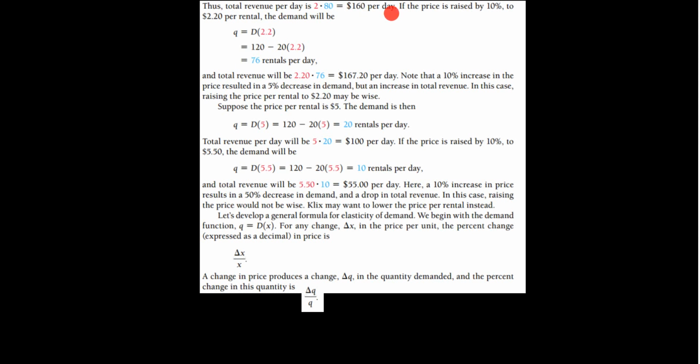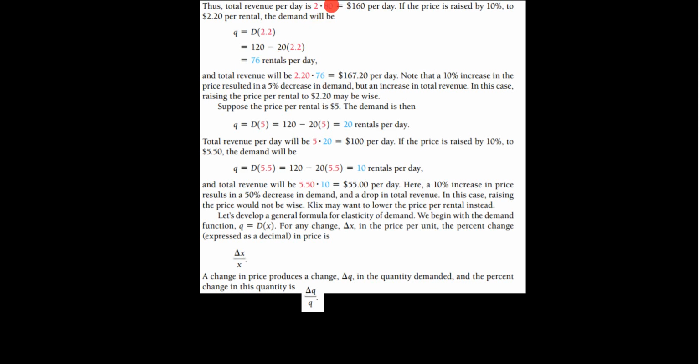Now let's say we raise the price by 10%. So now instead of it costing $2, it costs $2.20. Well, if we raise the price to $2.20, our formula tells us that there are going to be 76 rentals per day, because 120 minus 20 times 2.2 is 76 rentals per day. So we're getting 4 fewer rentals per day.